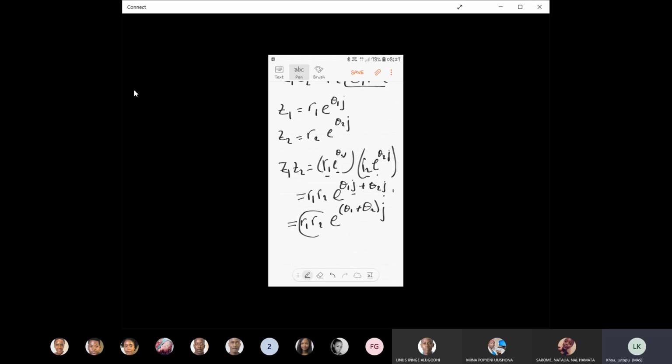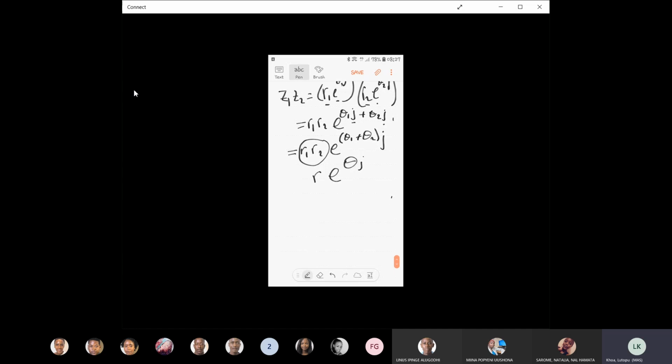Now this r1 r2 is a number, so you can think of it as r, and theta 1 plus theta 2 are in radians. So when I combine two radians, I get another theta in radians. So this is still in exponential form.